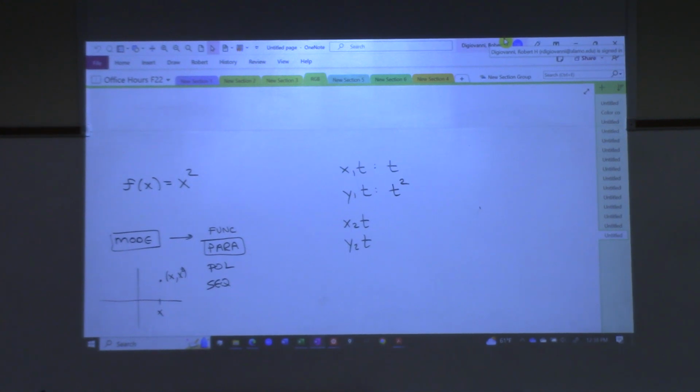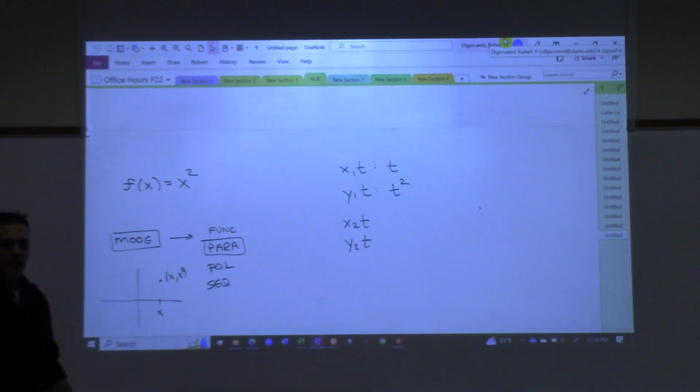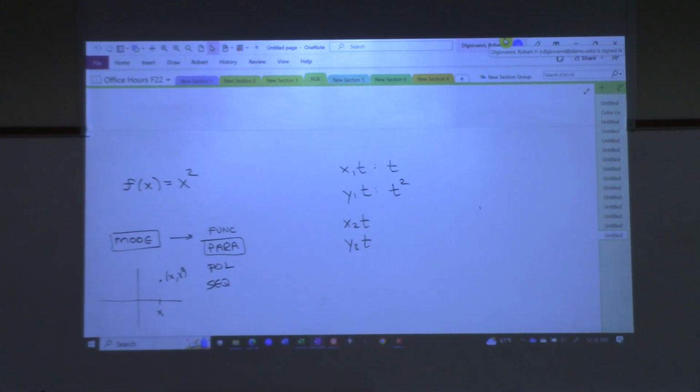It drew half the parabola, didn't it? That is because by default, your calculator is only going from t equals 0 to 2 pi. That's just because it assumes t is going to be like an angle.